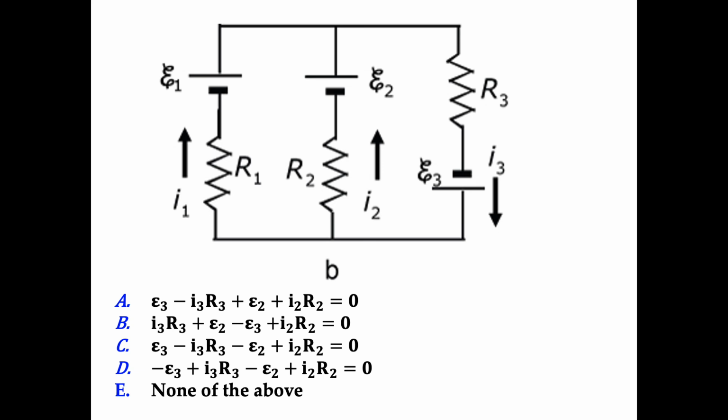I want to know which of those equations, if any, correctly represent the application of the loop rule to the second loop on the right, the loop containing this power supply E2 and E3. So this will probably take a few minutes.